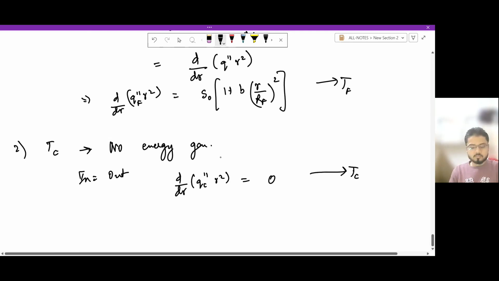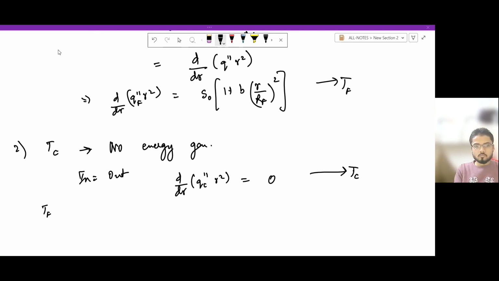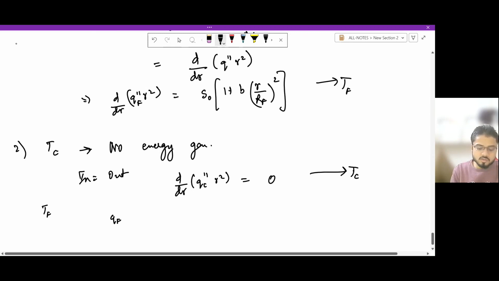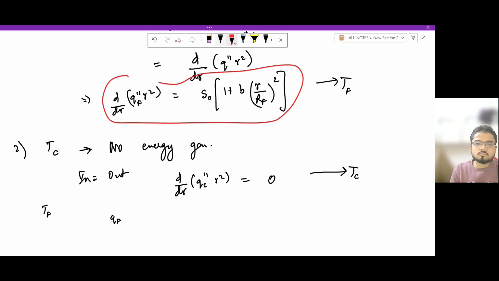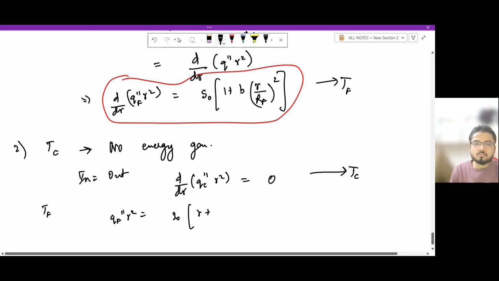And this gives you T C. So for T F, what you could do right away is integrate this equation. q double prime r squared would be equal to S naught times r plus b r cubed over 3 r F squared, plus C1.